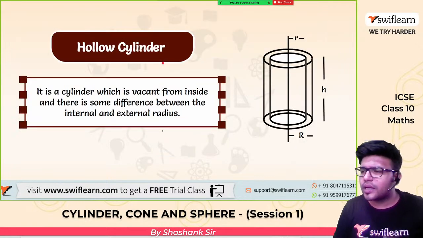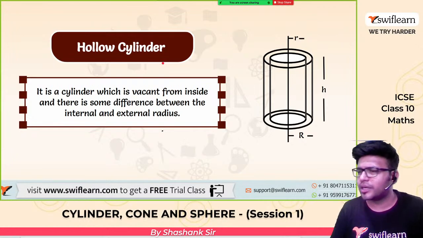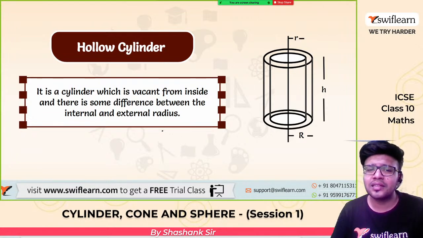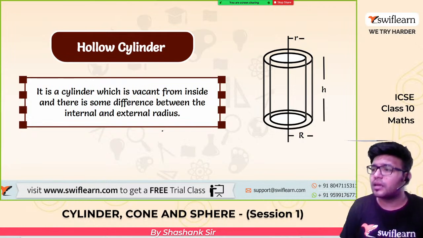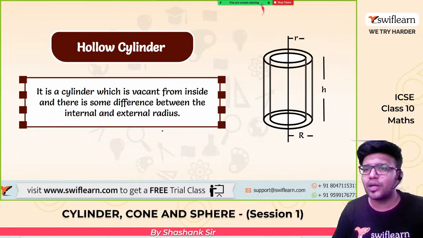Yes. Now let us study about the hollow cylinder. It is a cylinder which is vacant from inside, which is empty from inside, and there is some difference between internal and external radius. It is having two radii.